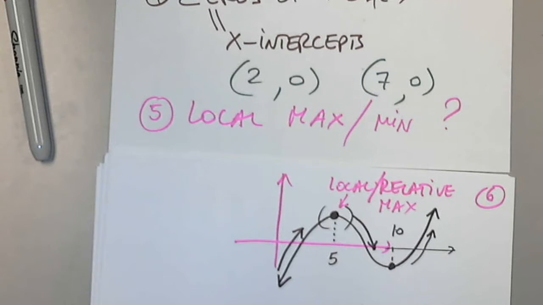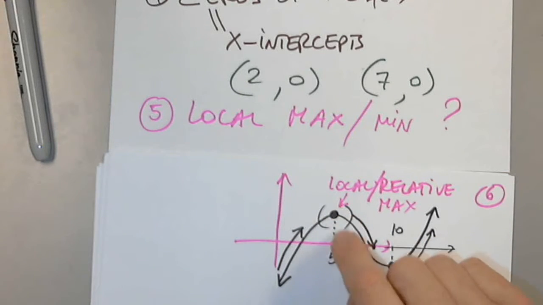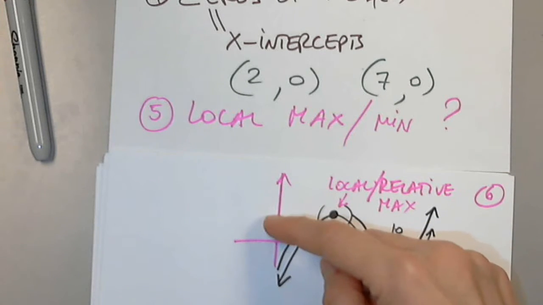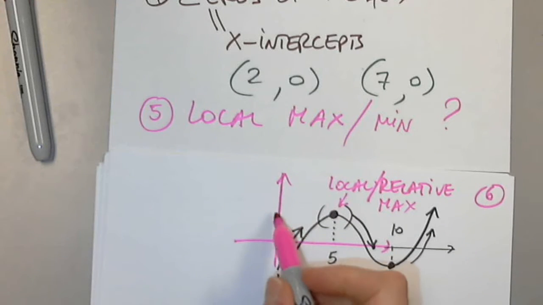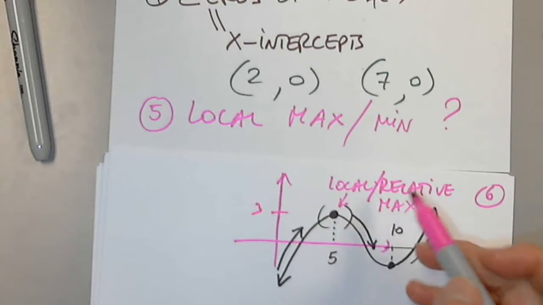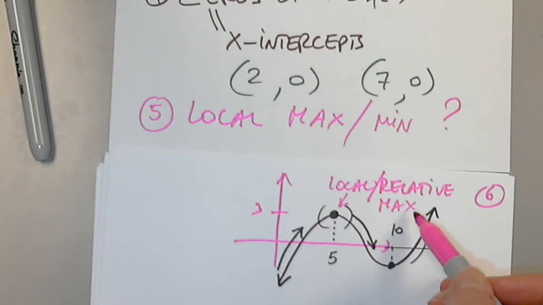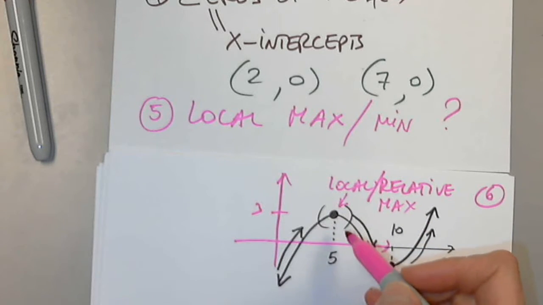So that's why this 5 comma, whatever you want it to be, let's say 3, 5 comma 3 is a local or relative max because I can show the open interval.